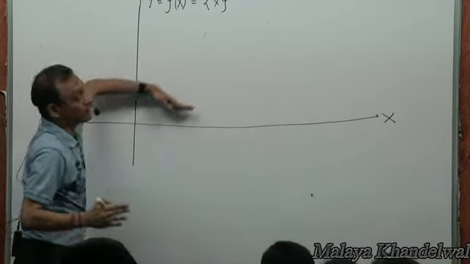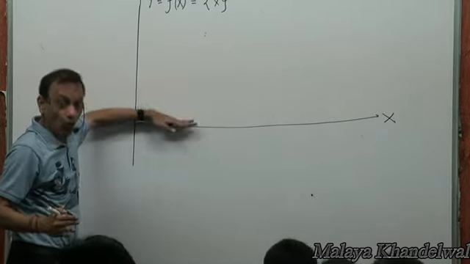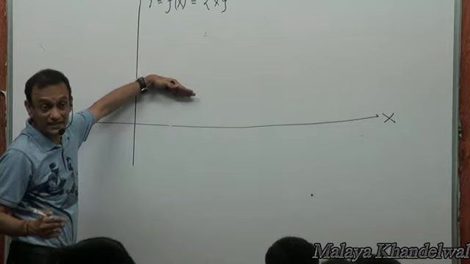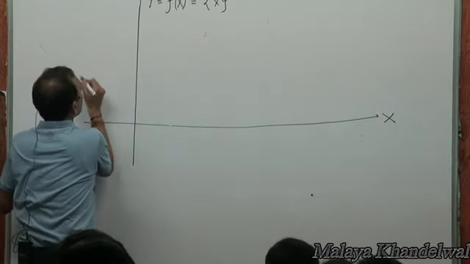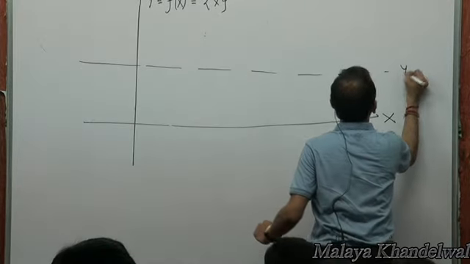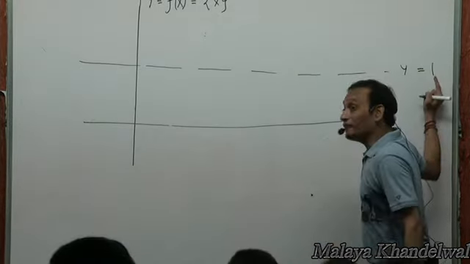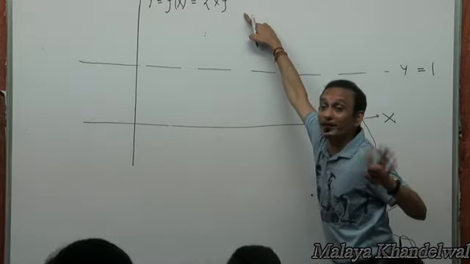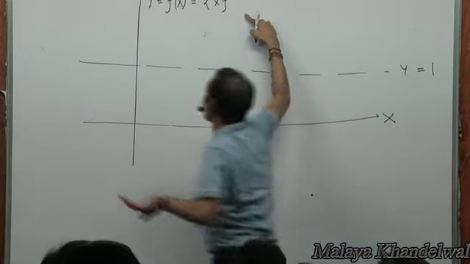So the graph of this will be on or above the x-axis, never below the x-axis, and will always lie between 0 and 1. This is the line y equal to 1. The y will never become equal to 1. In this case, y will never become equal to 1, right?